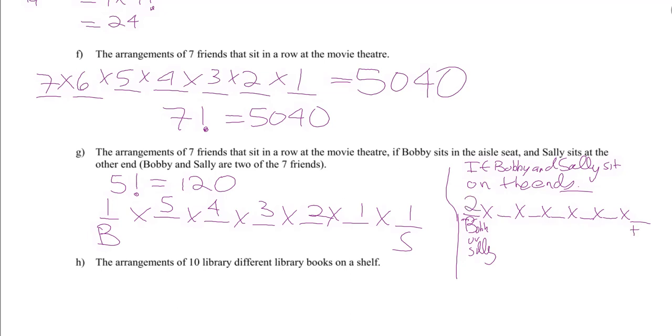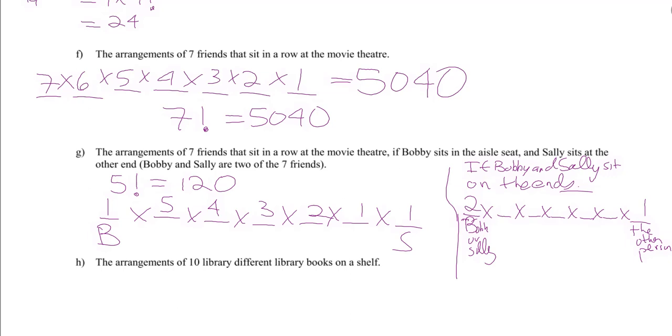The other person, how many choices do I have for the other end? Just 1, right? Because it's Bobby or Sally. If Bobby's here, Sally's here. And if Sally's here, then Bobby's here.